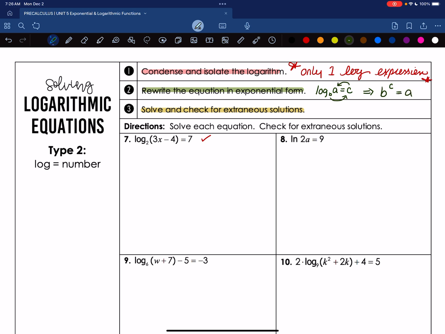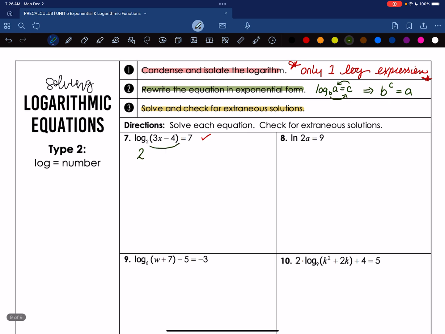So looking here at example number 7, when we rewrite this, the log base is 2, so in exponential form, it would also be 2. It's going to be raised to the power of 7, and then equal 3x minus 4. That's that other side of my looping conversion trick there. Okay, so now we've got step number 2 done.